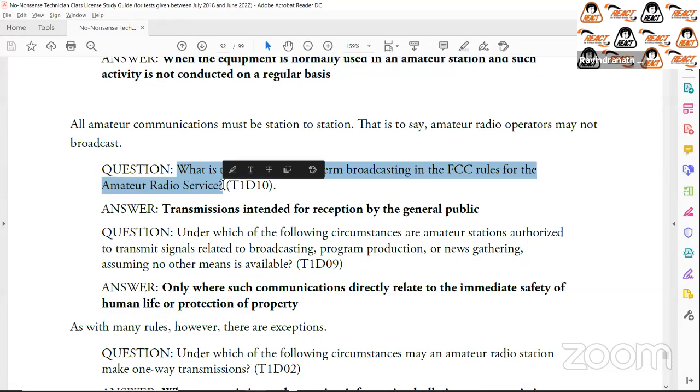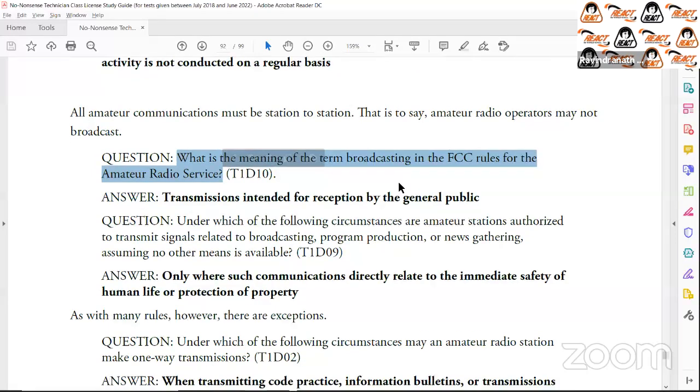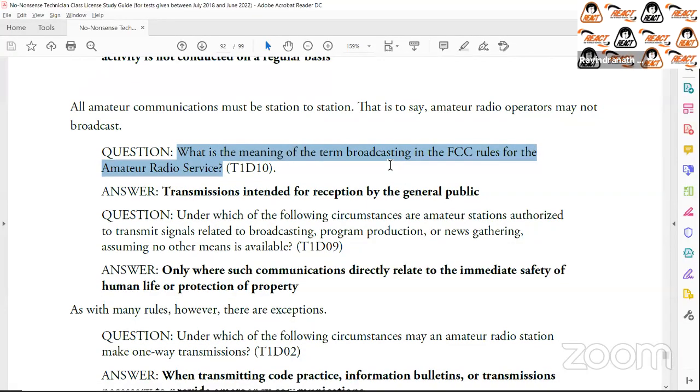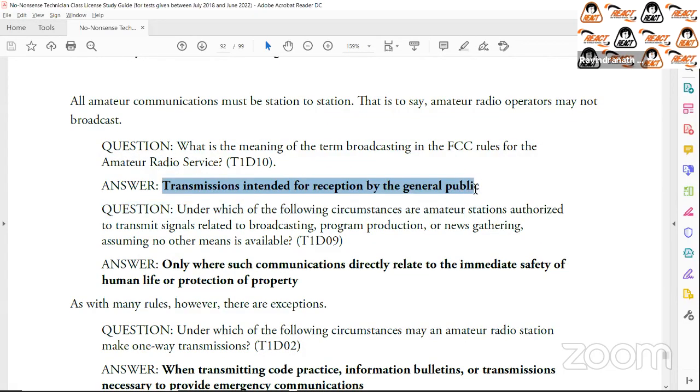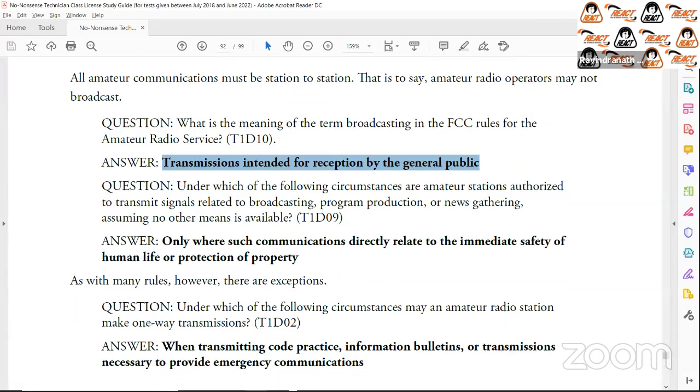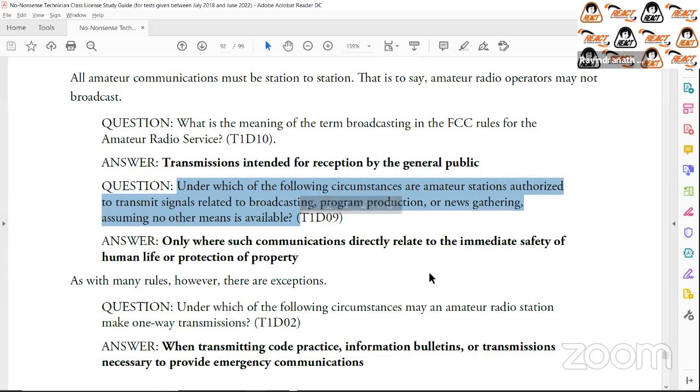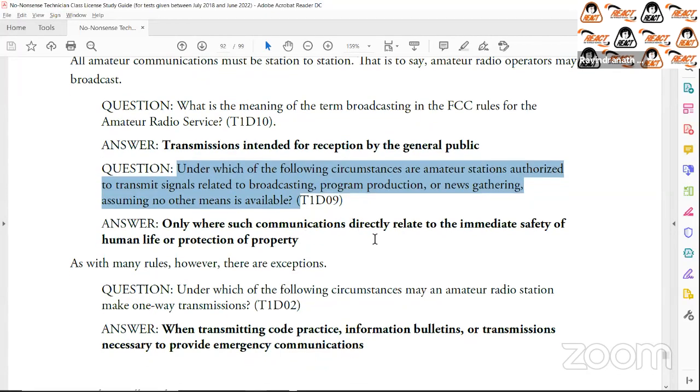What is the meaning of the term broadcasting? It is a question in the question pool, and we did define what broadcasting is. What is the meaning of the term broadcasting in the FCC rules for the amateur radio service? Well, broadcasting is transmission intended for reception by the general public. Under which of the following circumstances are amateur stations authorized to transmit signals related to broadcasting, program production, or news gathering, assuming no other means is available?